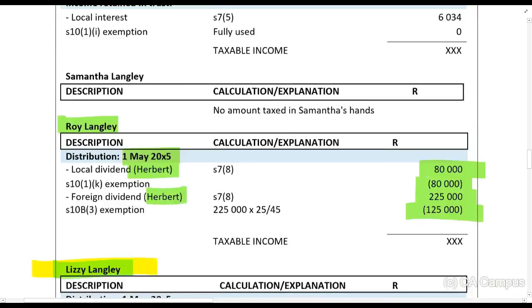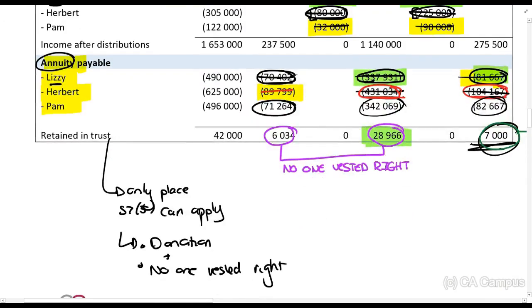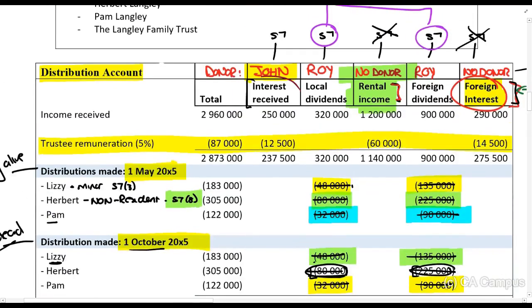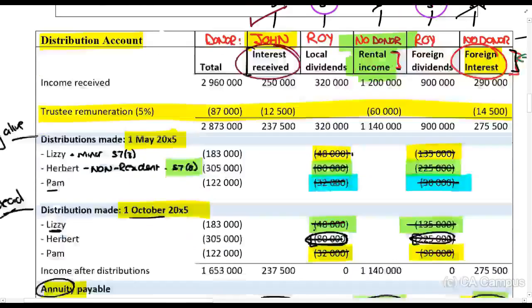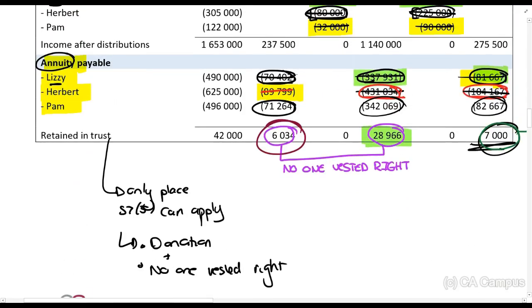Okay, now pay attention to the next one, which is important. 6,034, which is interest received. Was there a donation and is the donor still alive? Yes. Does any of the section 7s apply? Section 7.5 will apply if there was a donation and if no one has a vested right. No one has a vested right to that, so section 7.5 will apply.